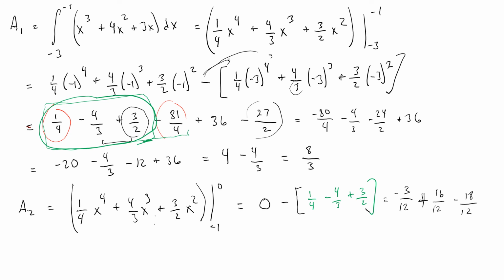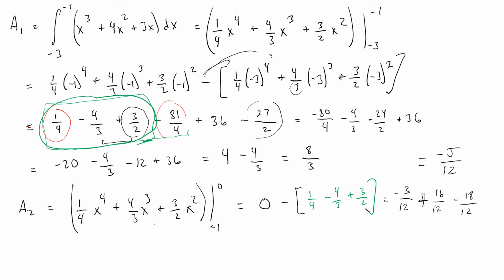And so what do those three numbers add up to? Negative 5/12, I think. Let me check: 3 minus 16 plus 18 gives 5, and the sign works out. Yep, negative 5/12. And notice it came out negative like it should have been because it was below the x-axis. So the area of the A2 region would be positive 5/12.